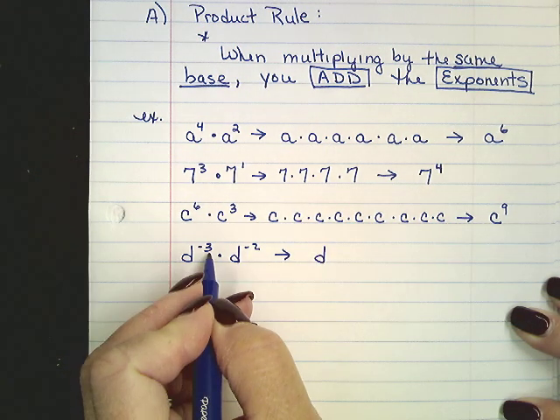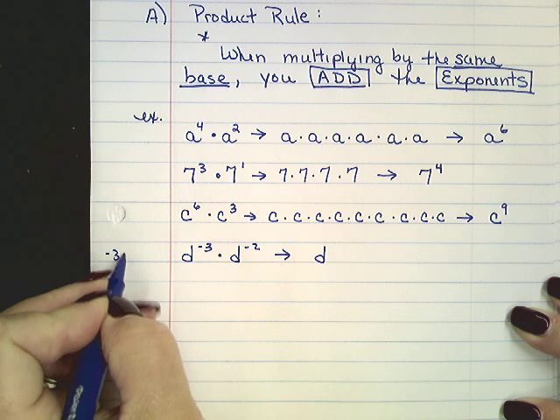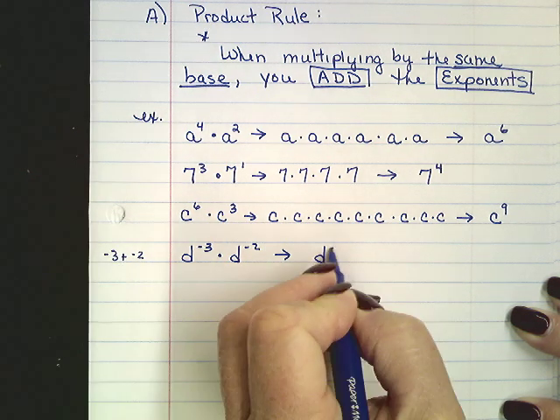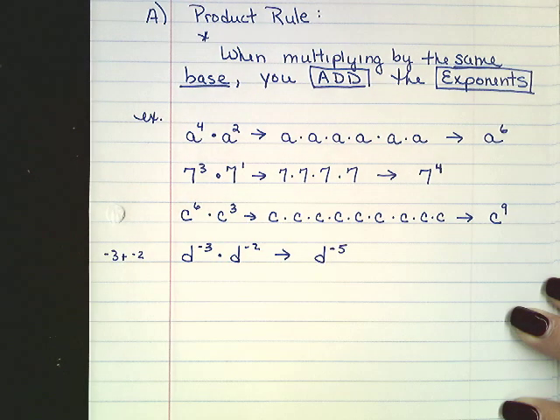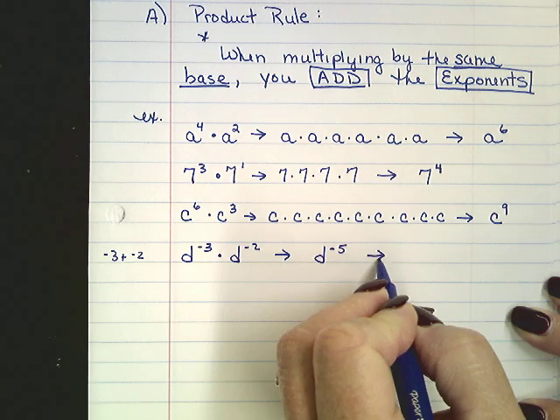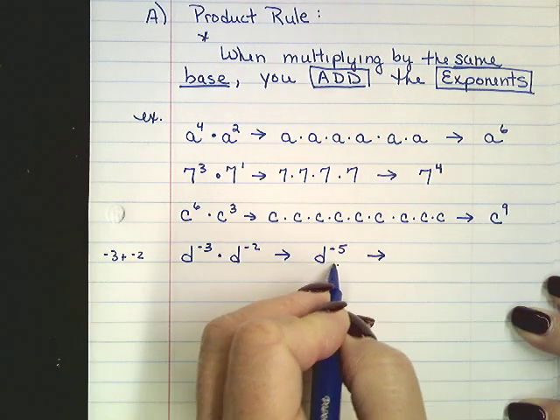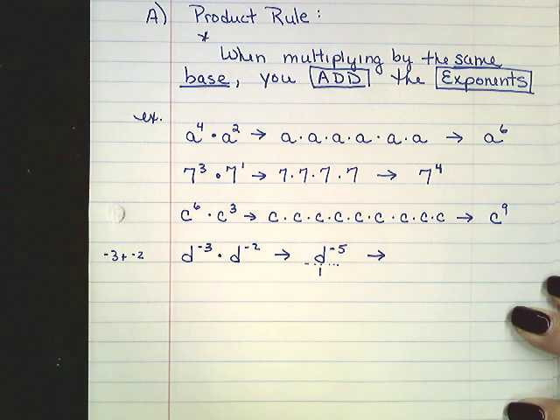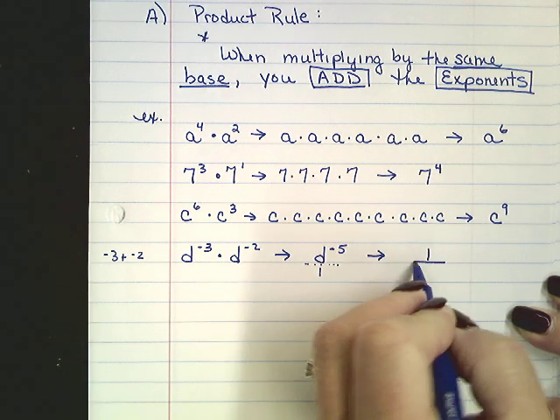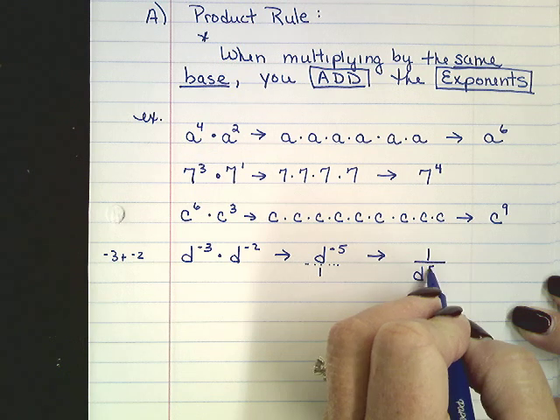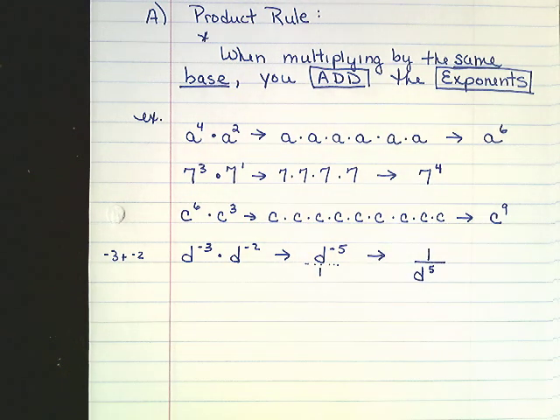So negative 3 plus negative 2 is going to give me negative 5. Now you can never have a negative exponent, so we learned this the other day as well. We need to flip this, so if this is a 1, underneath it, we're flipping it, and it's going to be 1 over d to the positive 5th.